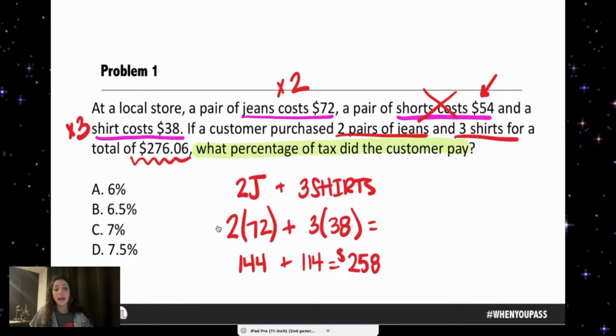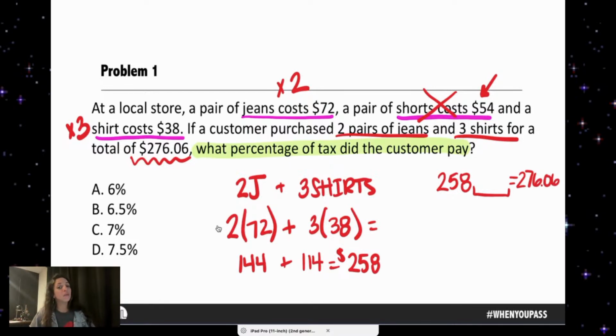Now you're thinking to yourself, wait a minute, that doesn't equal what they said the total is. You're right, it doesn't, because now we have to figure out the tax. So I have 258, and I have to do something for it to equal 276.06.